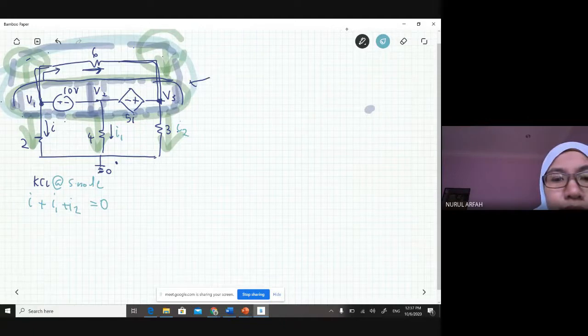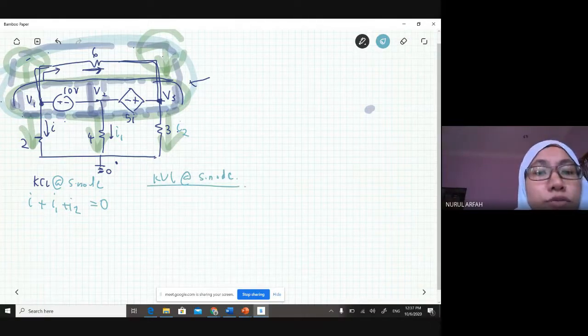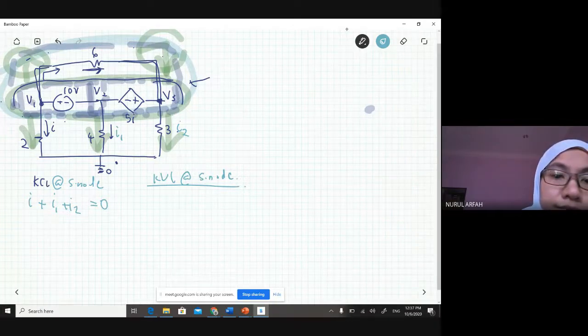And then KVL. KVL is a little bit tricky at supernode because you have two ways. One is V1 minus V2 equal to 10. And the other one is V3 minus V2 equal to 5i.